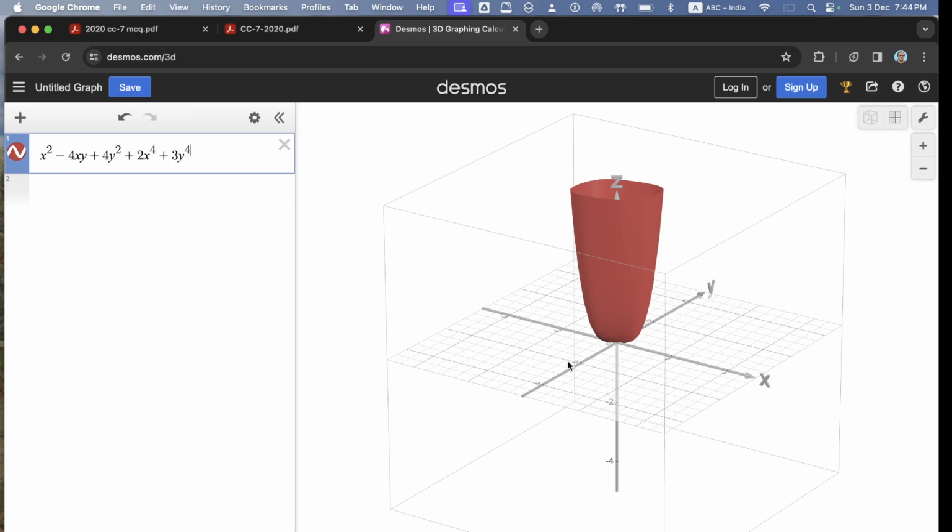Actually, this is the curve and z equals this.